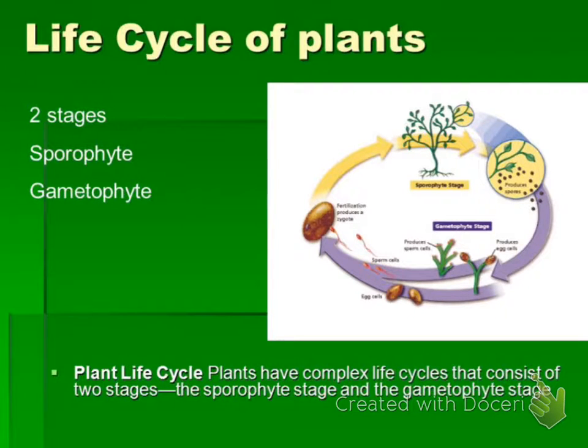Just as in all the other organisms we have talked about, plants also have a life cycle. They have two specific stages. They have a sporophyte phase. So here's the plant right here, where it says sporophyte stage.